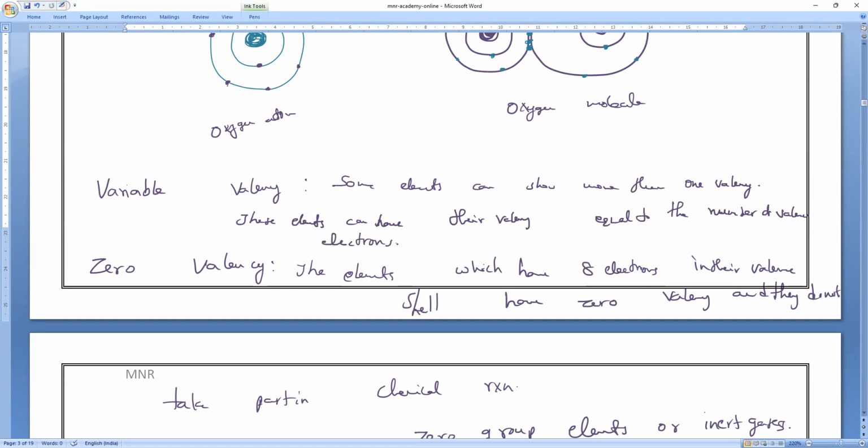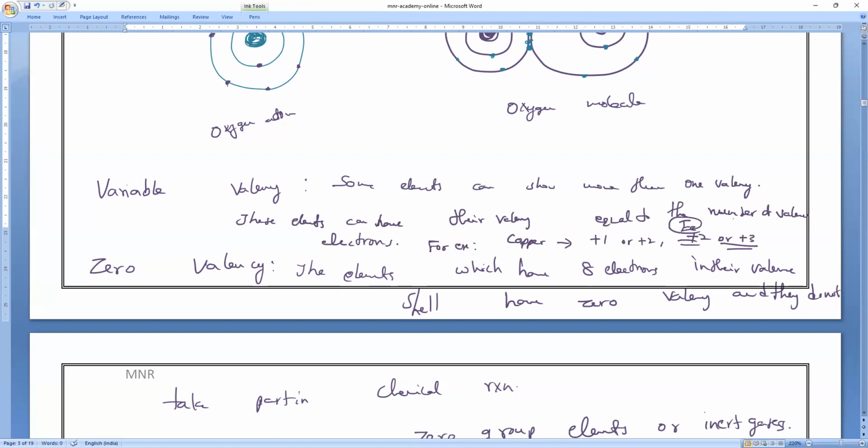Clear, everyone? For example, if you take copper, copper can show either +1 or +2. Iron, Fe, can show a valency of +2 or +3. Some elements show like that. Do you all understand? So these are variable valencies, that is what you have to remember.